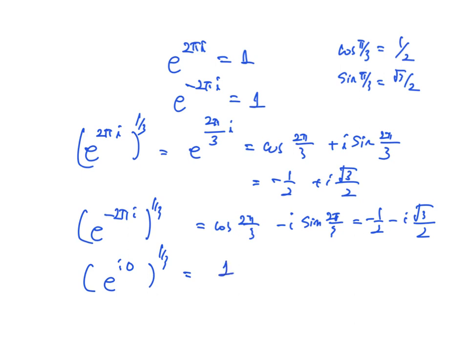This is basically 1. So you have 3 different values. And of course you can increase to 4 pi, and still get the same answers. So if you take the power of 1/3, you always get 3 different roots in the complex domain.